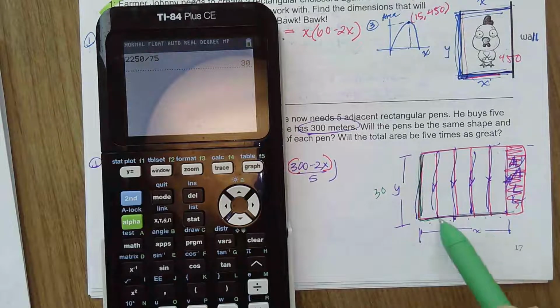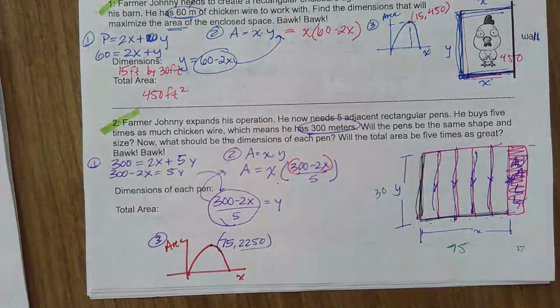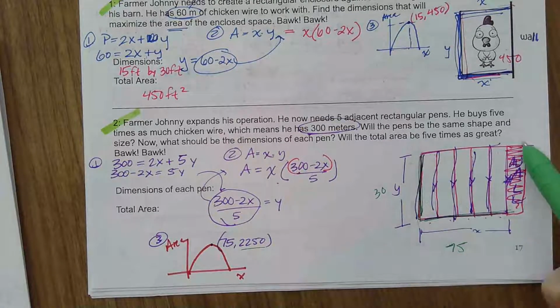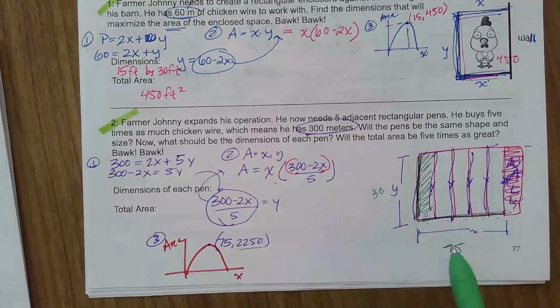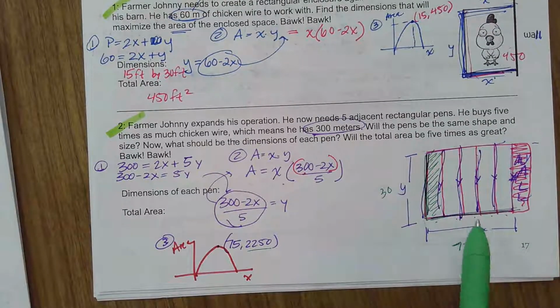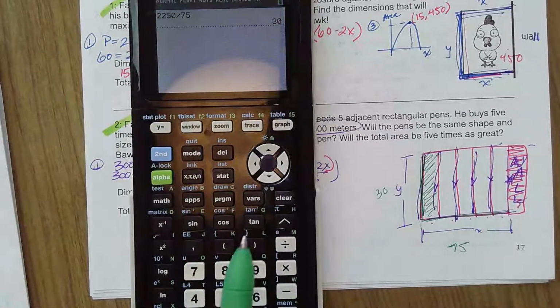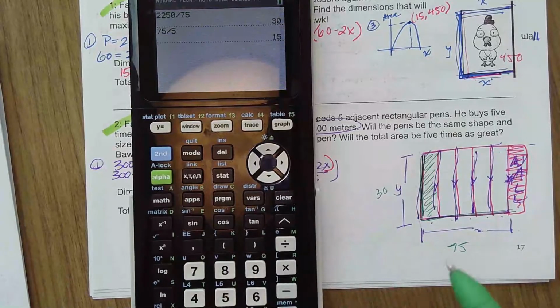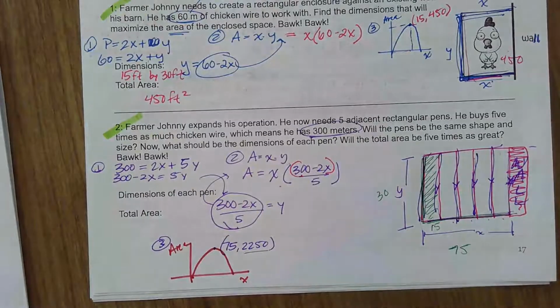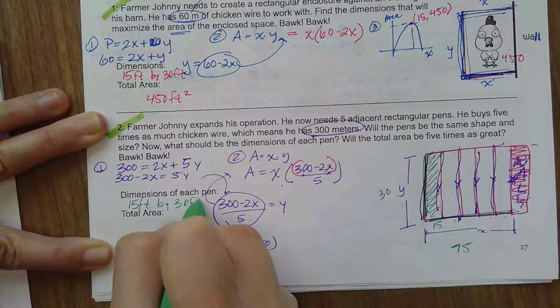So I know that the whole dimensions are 75 by 30, but I'm not asking you for the dimension of the whole pen. I'm asking for each individual pen. So instead of calling this 75, I have to take 75 divided by 5, because there's 1, 2, 3, 4, 5 spaces. So each of these are 15 by 30. Each pen has a dimension of 15 feet by 30 feet.